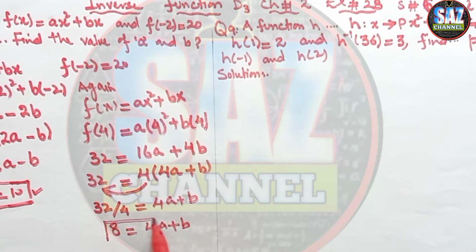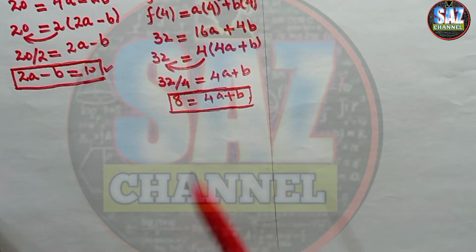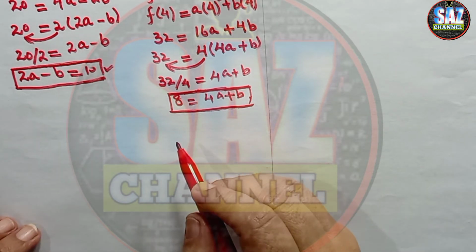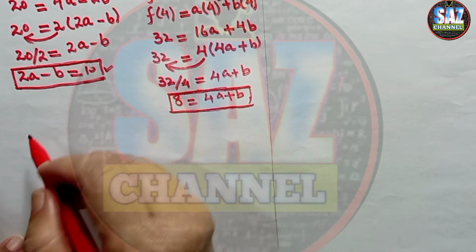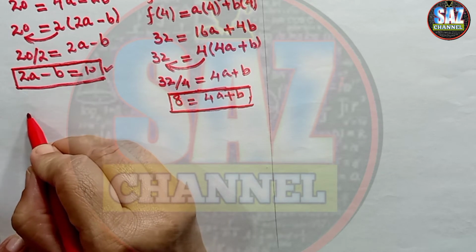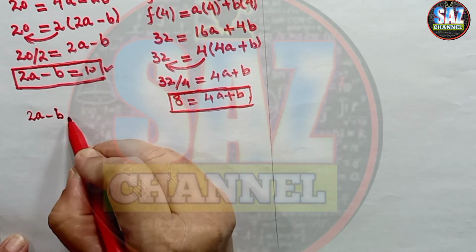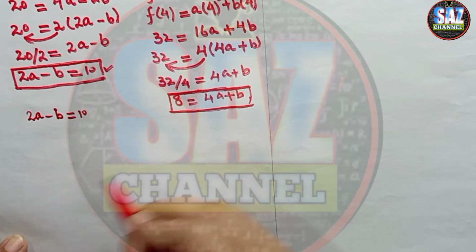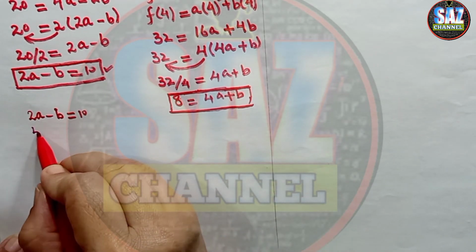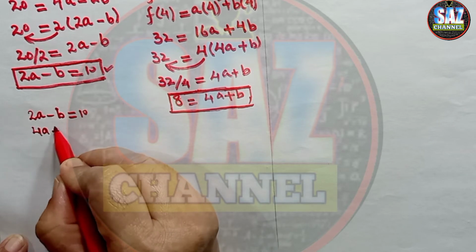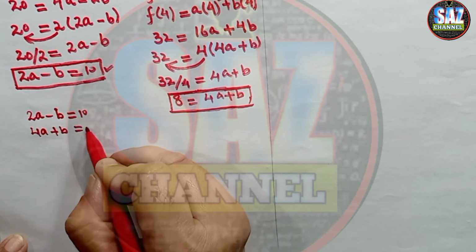This is the second equation. Now in order to find the values of a and b, we have to solve these two equations simultaneously. So I will be writing the equations together. 2a minus b equals 10, and the second equation is 4a plus b equals 8.